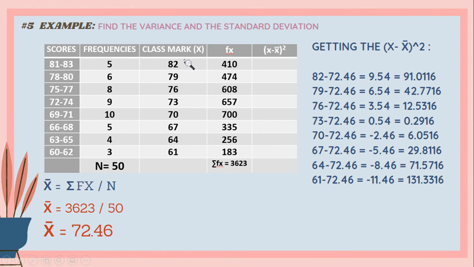All you need to do is subtract the mean from the class mark, then square your answer, and those will be the answers for this column.